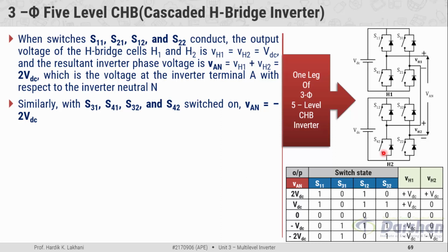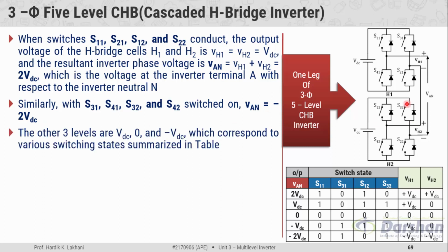When these 4 switches are turned on, we get VH1 equal to minus VDC and VH2 equal to minus VDC. Hence, we get VAN equal to minus VDC plus minus VDC, which is equal to minus 2 times VDC.